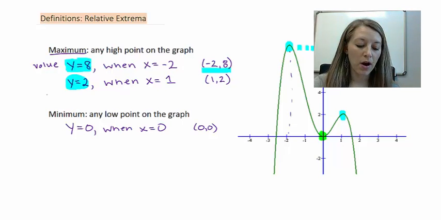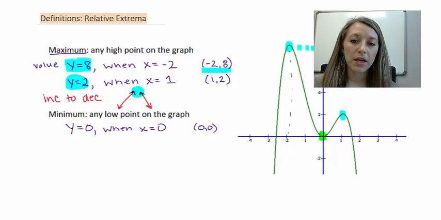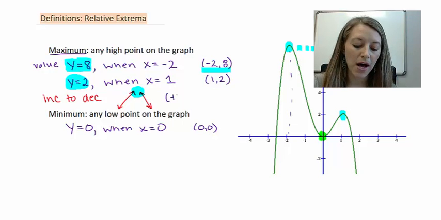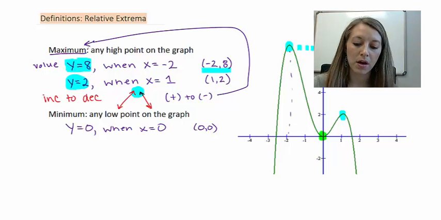Because anytime a graph switches from increasing to decreasing, or if you think about it visually, anytime our graph goes from going up from left to right to going down from left to right, that's going to give us a high point on the graph. So anytime our slope or our derivative switches from positive to negative, that's going to tell us that we have a maximum point on the graph.